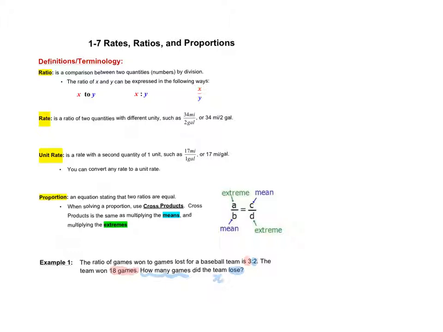And so what you can do is, when you set up a proportion for this, here's our proportion. I can put our pinks either over each other, like 3 over 18, or I can do it next to each other, like this.